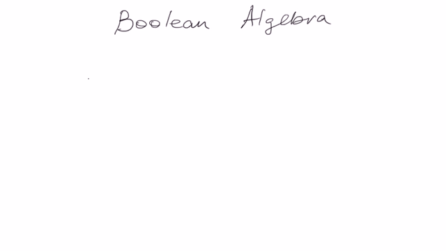Hi, I'm making a bunch of tutorials about digital hardware design, and I decided to start with Boolean algebra because Boolean algebra is the theory behind digital hardware design. Here I will use notations that are most common in engineering, not in math, because the whole purpose of this tutorial is to get started with digital hardware design.